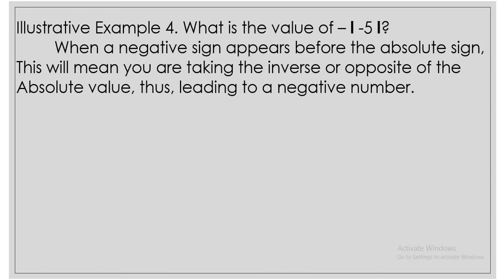Next example, what is the value of negative absolute value of 5? So remember, when the negative sign appears before the absolute value sign, so ibig sabihin, kapag naunang isulat si negative bago pa si absolute sign, this will mean you are taking the inverse or opposite of the absolute value.